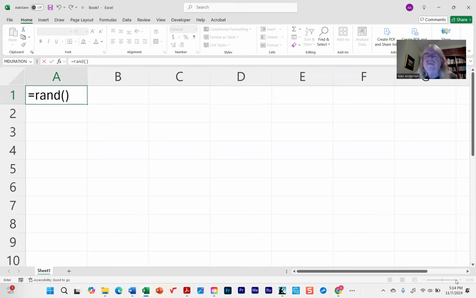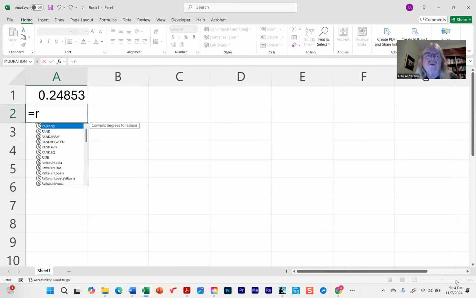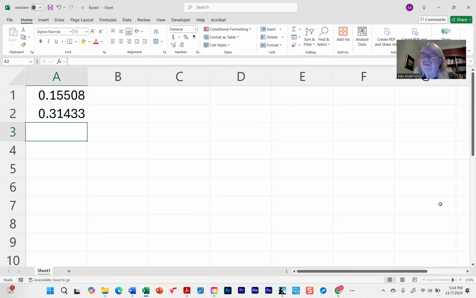Okay, now it's kind of a bizarre function because we have no arguments going into this function. It's already understood that this is the standard uniform. The weird part, and I'm not sure why Excel set it up this way, is that every time I touch something on this spreadsheet, it's going to change that result. So if I try to do another one, for example, yeah, they're both different.